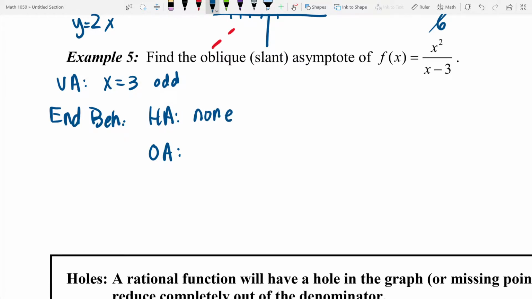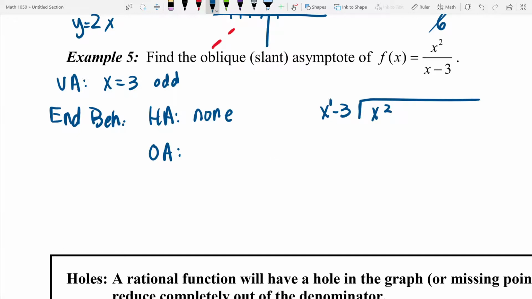So now I'm going to take the x minus 3, put it on the outside, and divide it into x to the second. Now we have a problem. Can anybody tell me the problem? When you use long division, you can't have anything missing. Here's what I'm talking about.